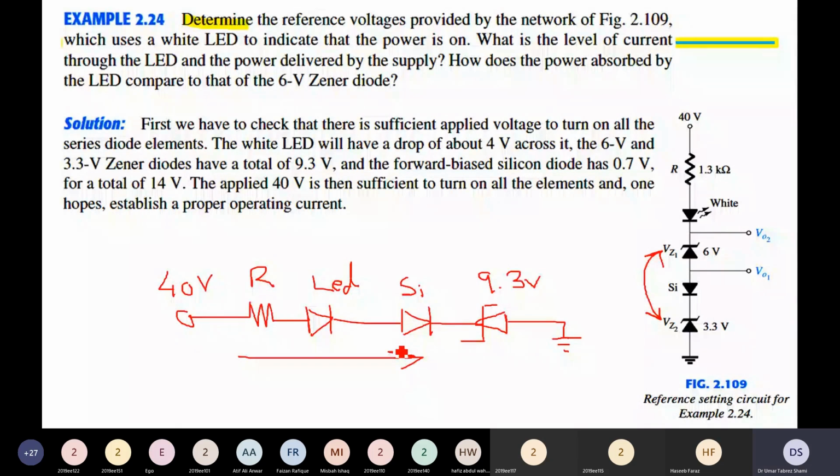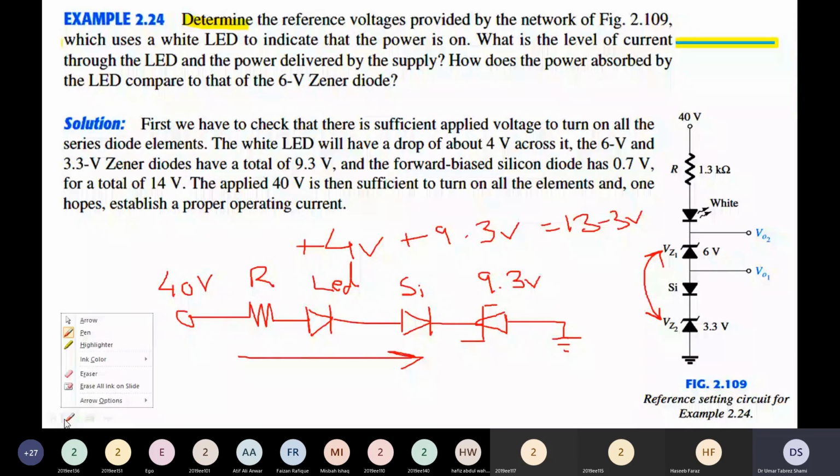required voltages of the LED and the Zener diode are being furnished or not. So 9.3 volts plus 4 volts of the LED, which is equal to 13.3 volts.